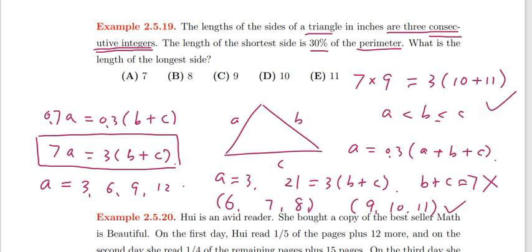We say this is true, right? 10 plus 11 is 21. Yes. So we find that these 3 numbers should be 9, 10, 11. So the question is, what is the longest side? 11. Okay.